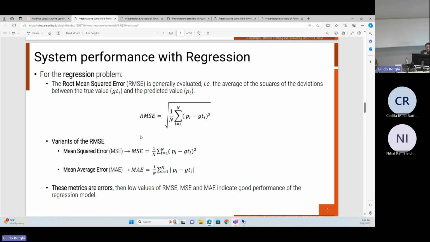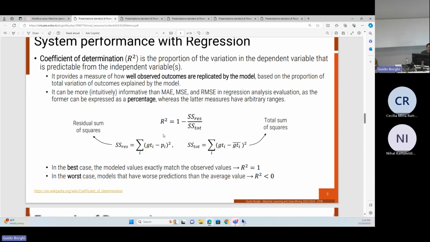We can compute the error between the ground truth and the predicted values in order to understand the system performance. So we can use the same metrics to build the loss function, or also called cost function, but also we can use these equations as metrics to compute the system performance. So I don't repeat the details about this slide.